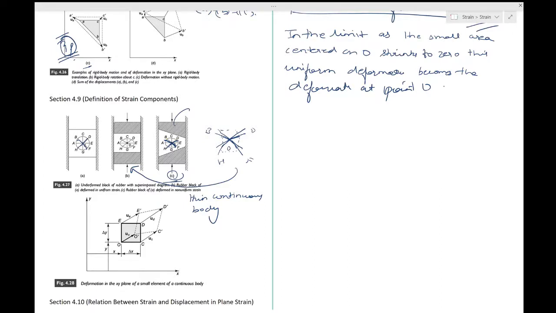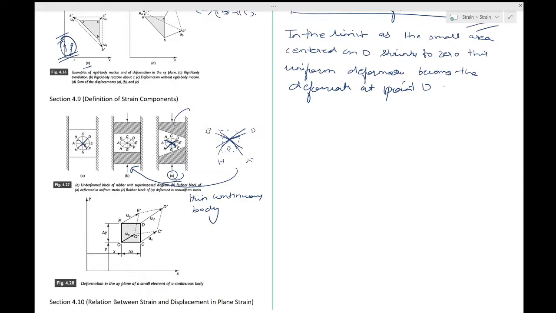Which lies entirely in the xy plane and which undergoes a small geometrically compatible deformation in the xy plane.